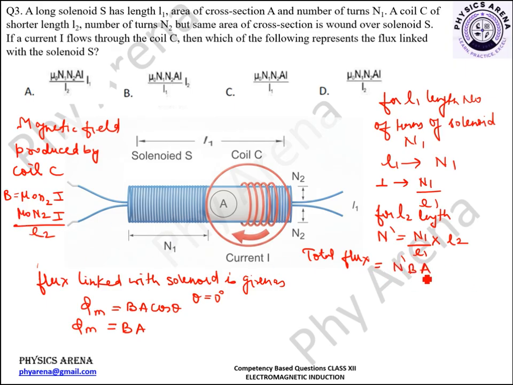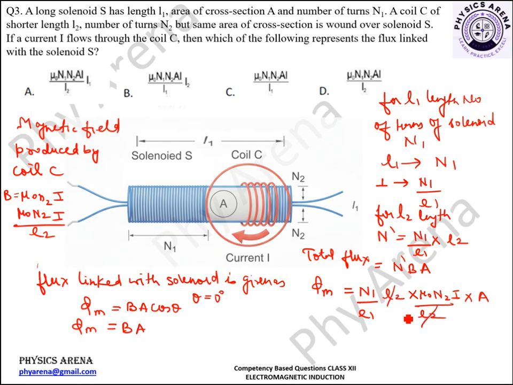So if we use this value of B and N dash, we can find the total flux linked with the solenoid. So phi m will be equal to N dash, where N dash is N1 upon L1 into L2, multiplied by B. The value of B is mu naught N2 I divided by L2, multiplied by A. So A was also there.